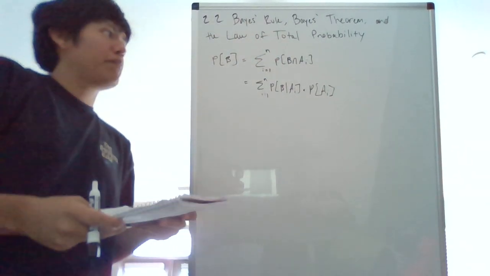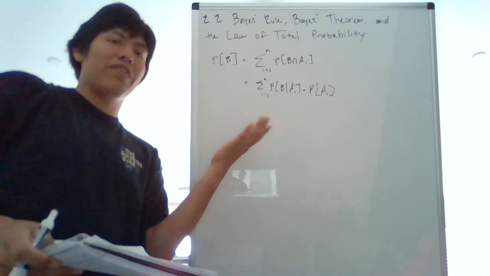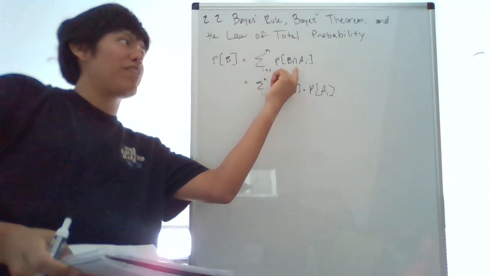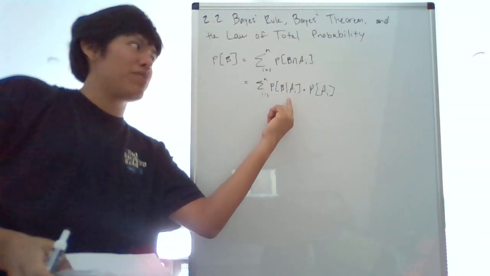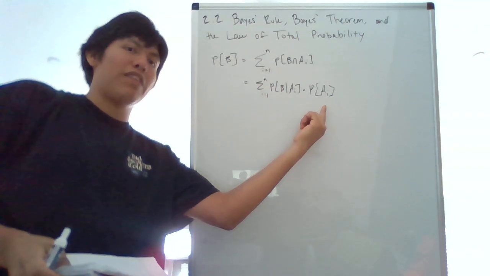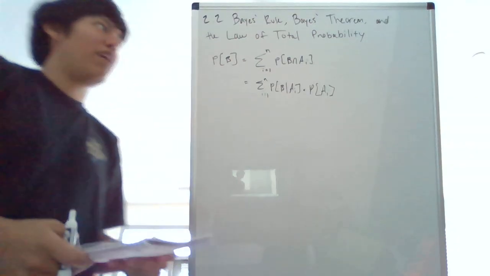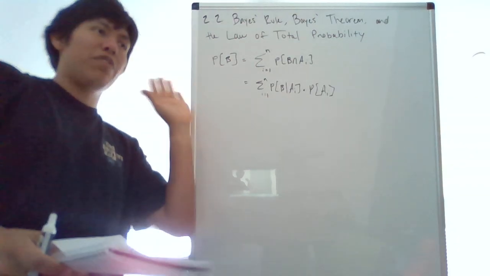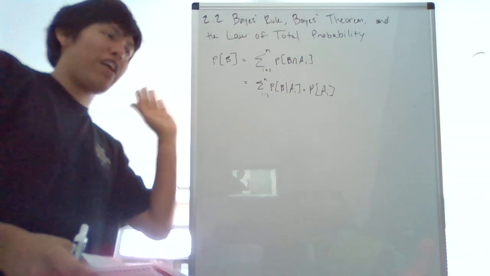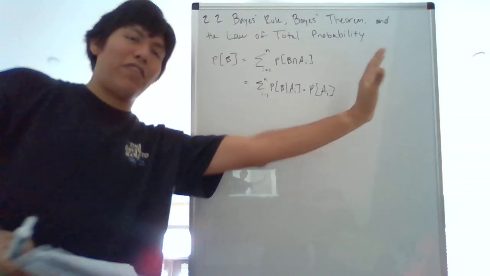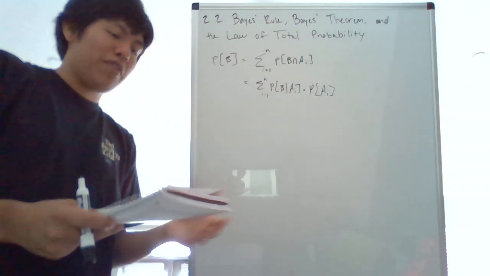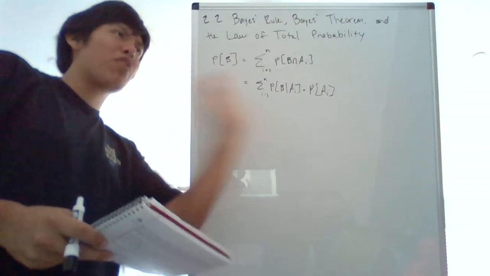And this is just what we've been doing. Obviously the intersection is equal to the probability of B given A times the probability of A. This is just a general form where we have many more events to consider.